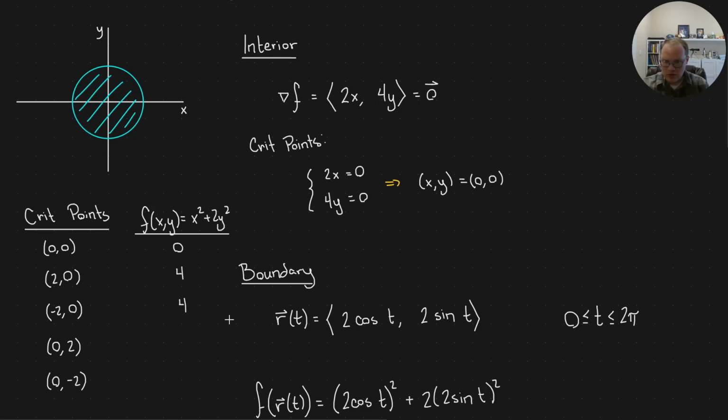If I plug 0, 2 into the function, I get 8. And 0, negative 2 into the function, I also get 8. Which means this value right here, that's the smallest value, that's 0. That's my absolute minimum. And these values right here, they're both the largest value that I get, so they both must be the absolute maximum.